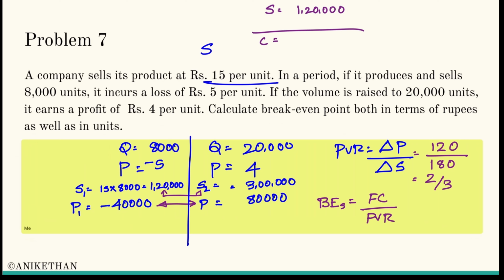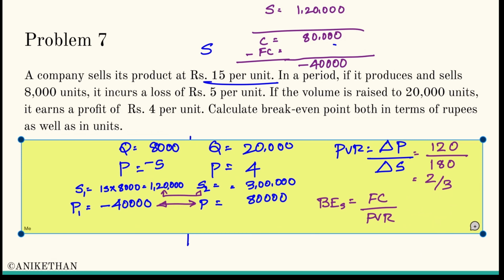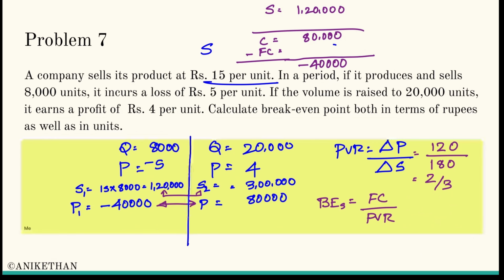So contribution is equal to sales into PVR. So 2/3 of this is my contribution, which is 80,000. Minus fixed cost, my profit is a loss, which is minus 40,000. So from 80,000, if I have to get minus 40,000, the fixed cost has to be 1,20,000. Correct?